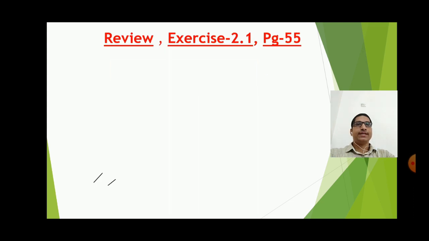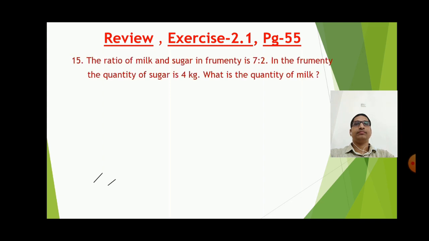Review exercise 2.1. At first we will review lecture number 32. Students, everyone open your book, page number 55. Question number 15. The ratio of milk and sugar in fluent tea is 7:2.